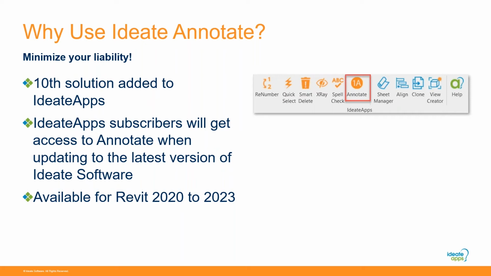So you get onto your IT department, get them to install that for you. And Annotate will work with all Revit versions from Revit 2020 to 2023. Just as a reminder, all and any updates we do to all our tools are always supported back to the current version of Revit and 3 versions back. So in this case, it's 2020 to 2023.